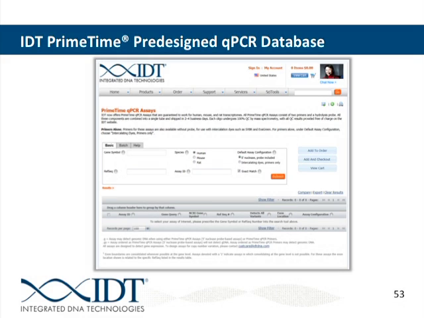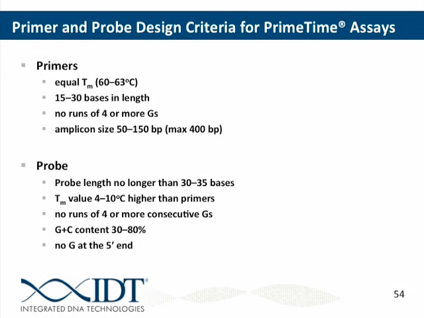And so finally, that was some information if you want to design assays yourself using the tools available between the NCBI database and our IDT PrimerQuest. However, if you just need a basic qPCR assay for your gene of interest and you're looking in human, mouse, or rat, we do have a database of a lot of already designed assays for you.